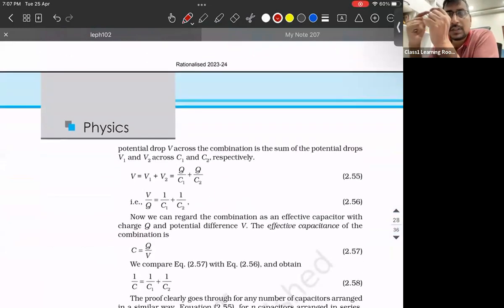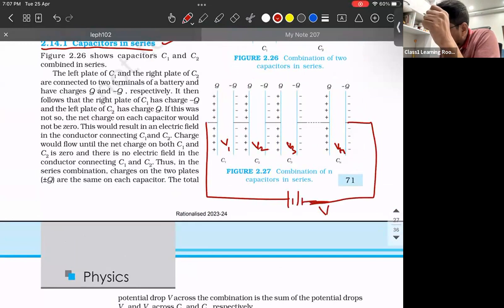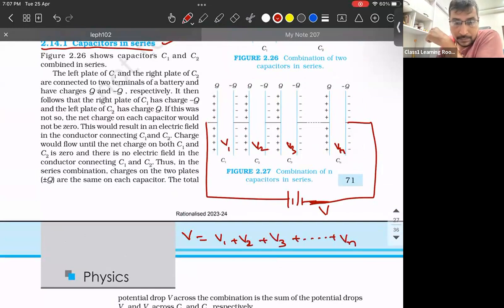The total potential that is supplied by the battery: you will connect the capacitors in series and connect a battery here. Let's say the potential supplied by the battery is V. Then this V is broken into multiple values like V1, V2, V3, and so on till Vn.